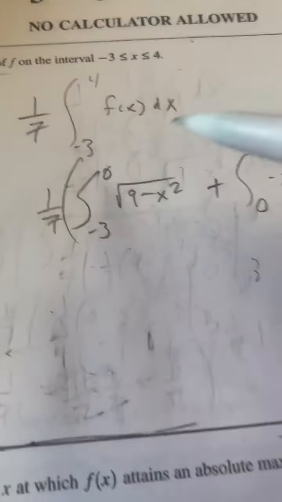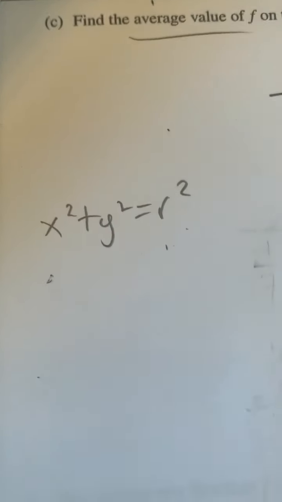Okay, so this part we cannot do by hand. It's actually impossible, so we have to know what this graph is. A circle is x squared plus y squared equals r squared. If you solve for this, you would end up getting y equals the square root of r squared minus x squared.